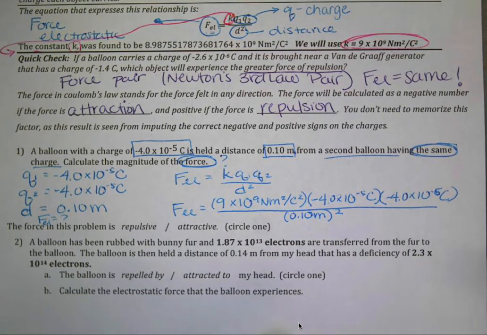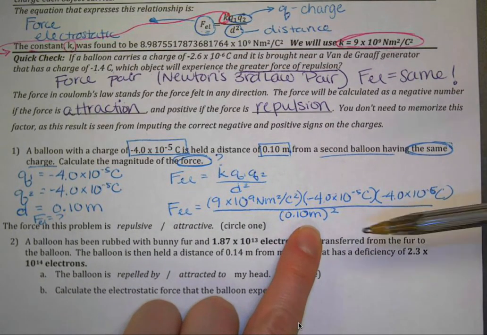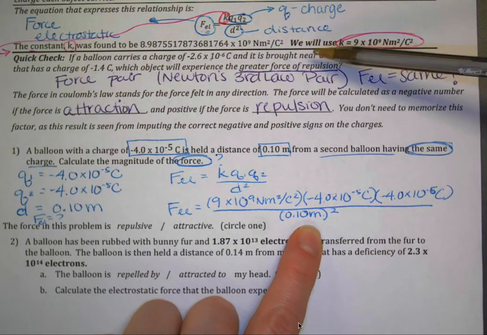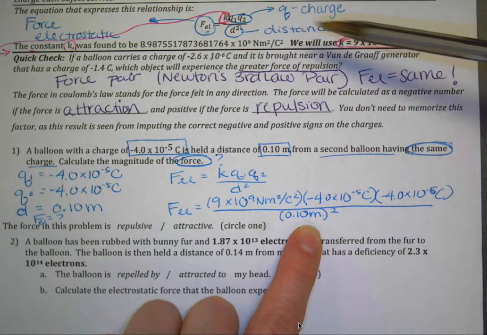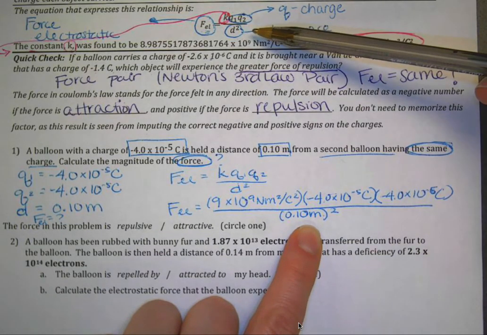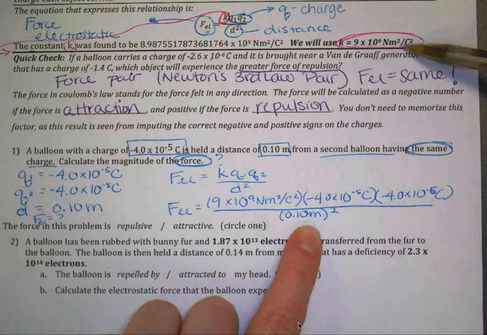A good thing to point out here is that the distance must be in meters when using this constant. Because meters are over here, our distance must always be plugged in as meters. Our charge must always be plugged in as coulombs. We can't use electrons, we can't use centimeters.